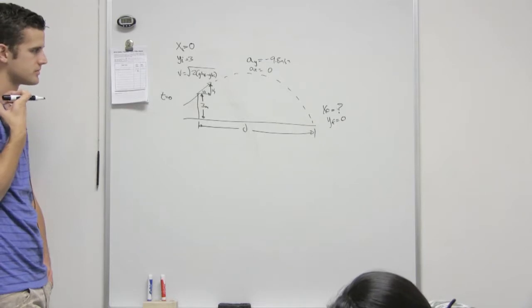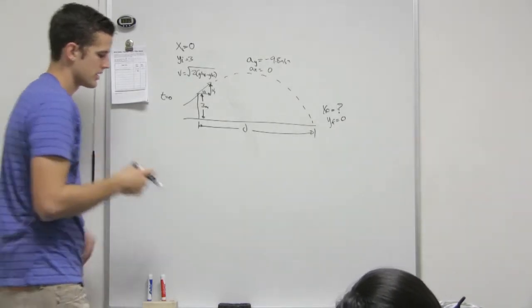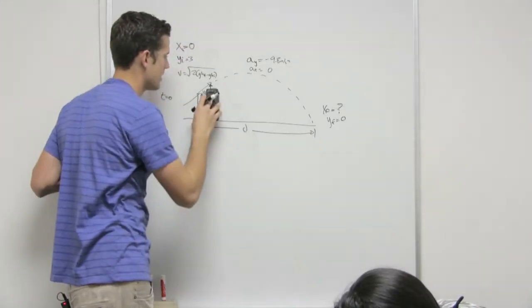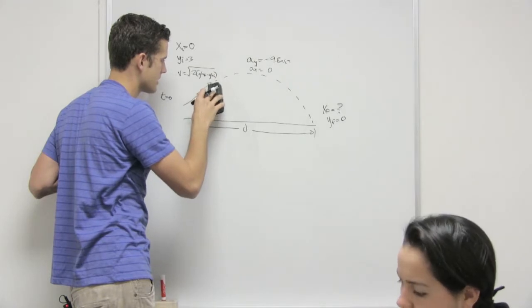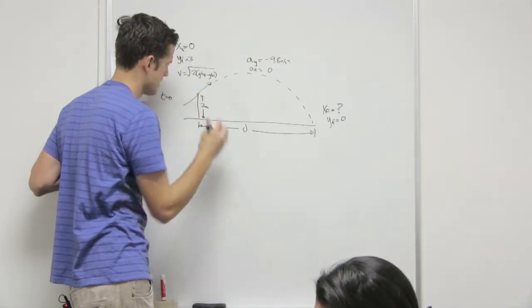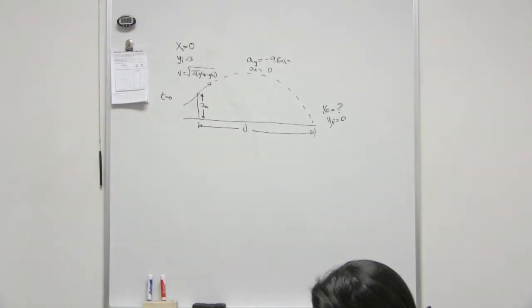Oh, wow. So how do you know what angle she came off of it at? Because in the book it says that this angle is 60 degrees.